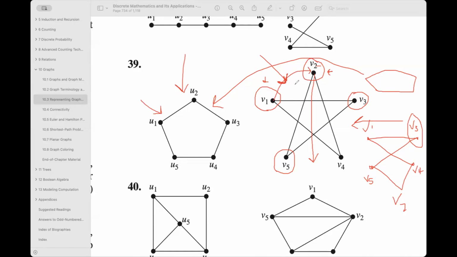So if I want U1 to give me V1, it's hard to tell what U2 is going to be, because maybe you're tempted to say it's going to be V2, but it's likely not V2. It's probably going to be V3 because this is the edge that's connecting it. Okay, yeah. So it might be good to rearrange it and see if that helps you better.